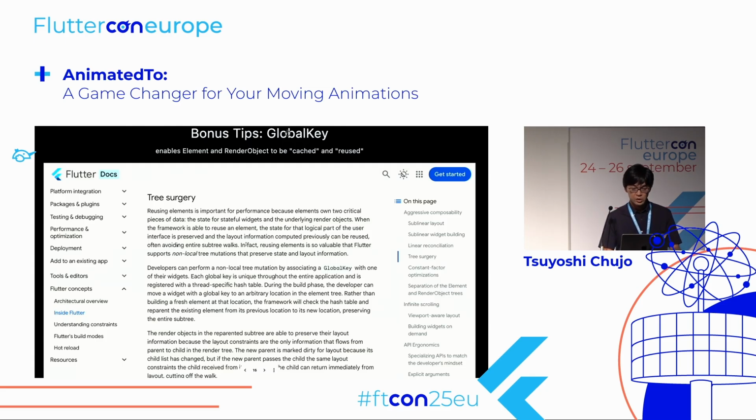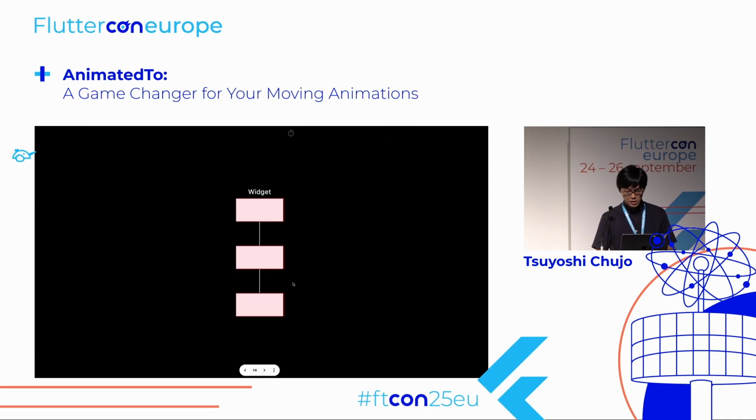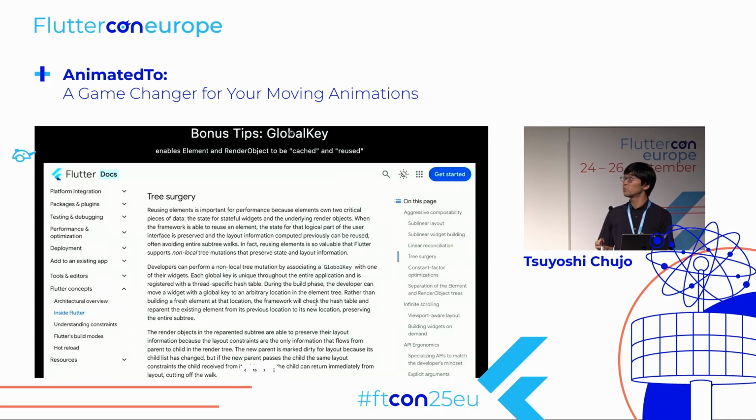Why is this important? Because AnimatedTo has to preserve the layout result of the previous frame and the next frame to start animating. As I showed in the demo, I just provide the global key to AnimatedTo. That is why AnimatedTo requires a global key: it has to preserve the result of the layout calculation.